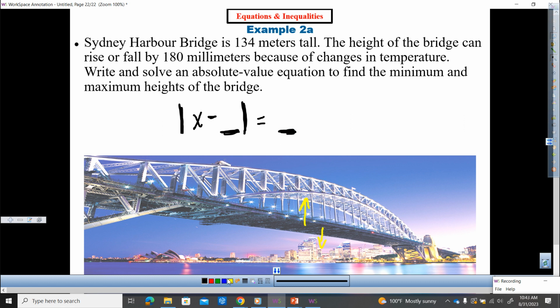It reads, the Harbor Bridge is 134 meters tall. The height of the bridge can either rise, what does that mean? That it's a positive or a negative of how much? 180 millimeters.